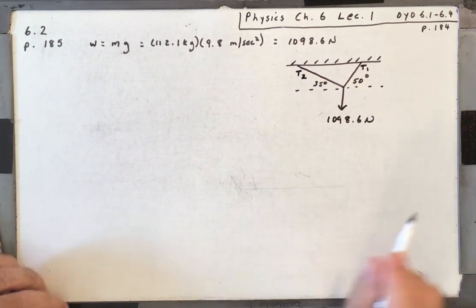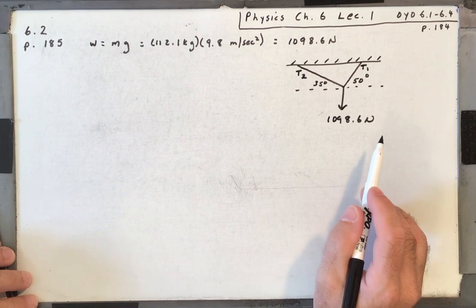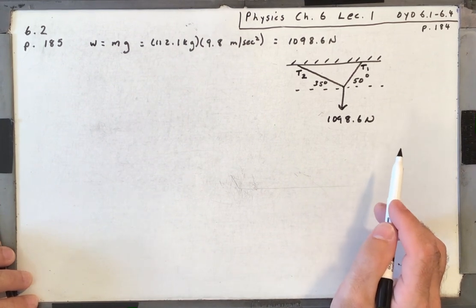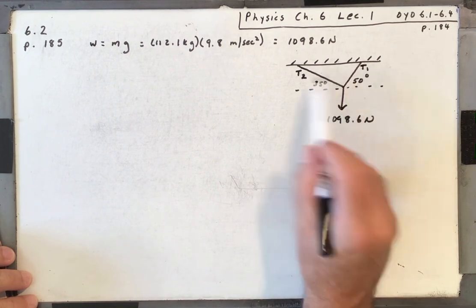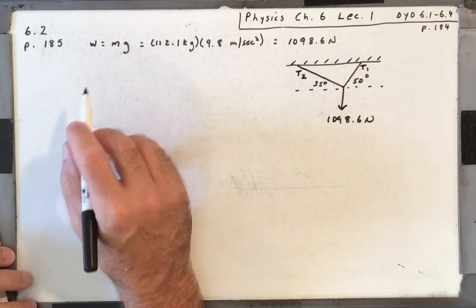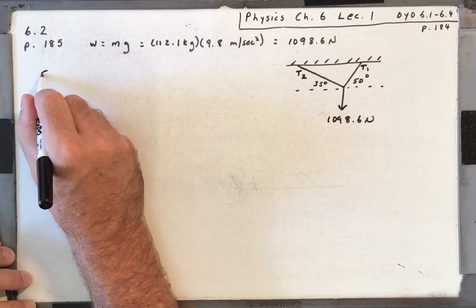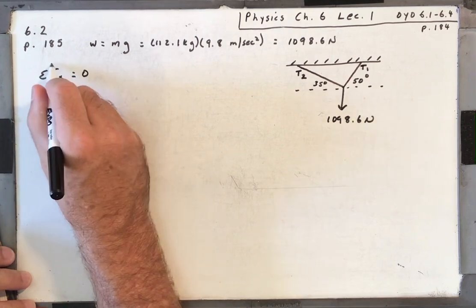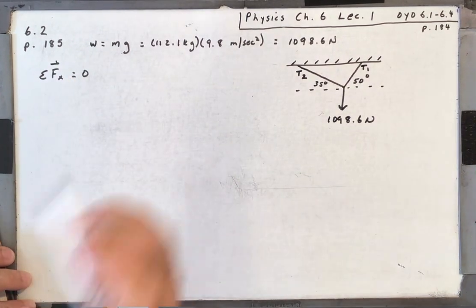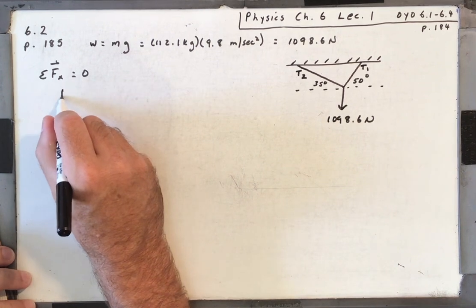And we're going to do the exact same analysis as we did in 6.1, except this time those two, since they're different angles, T1 and T2 will not be the same. So it's going to even be a little more math to deal with. So we have the sum of all the forces in the x direction. Because this system is not moving, it's in equilibrium. So it has to be equal to 0. So remember, x goes with cosine.